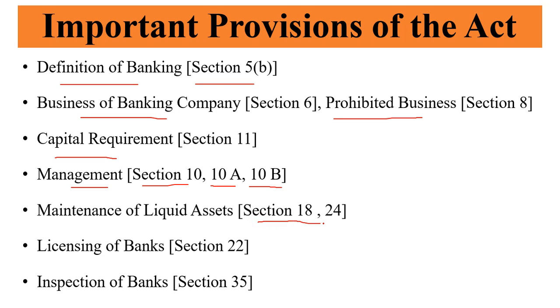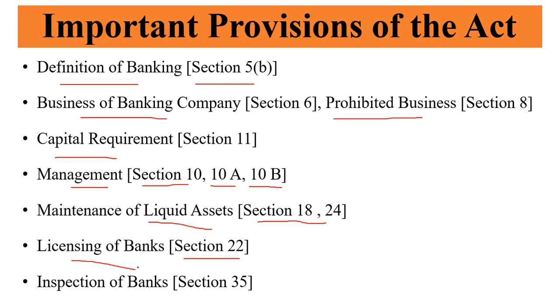Section 18 and Section 24 deal with the maintenance of liquid assets which the banking companies are required to maintain. Section 24 defines the licensing of banks. If any new bank wants to commence business in India, they are required to take a license from RBI.